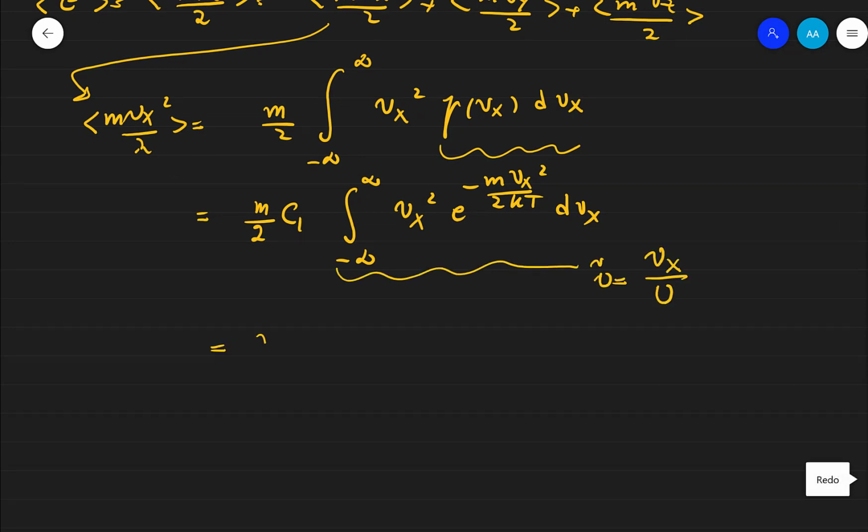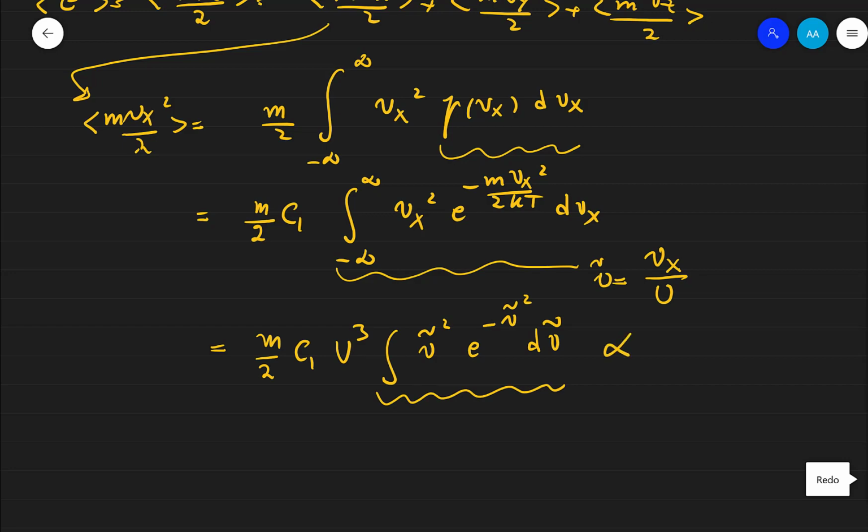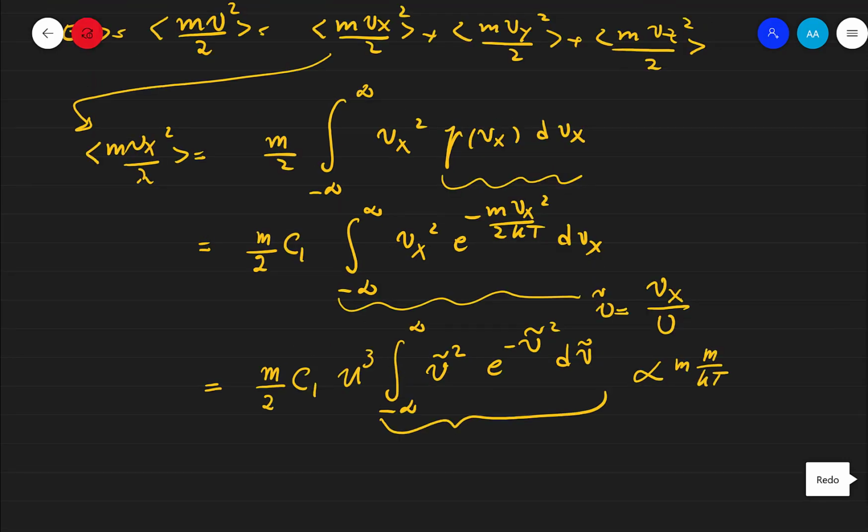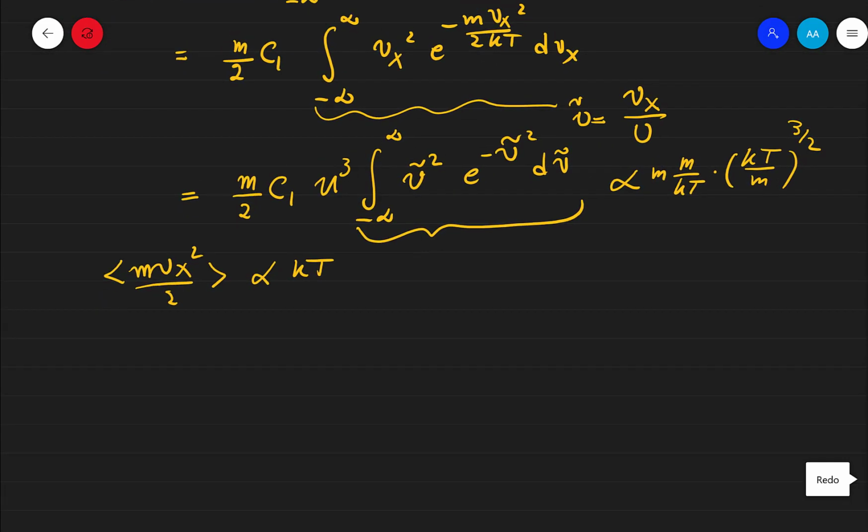Then the average is a dimensionless constant times the characteristic scale. The direct calculation gives the result, and the average energy is obtained.